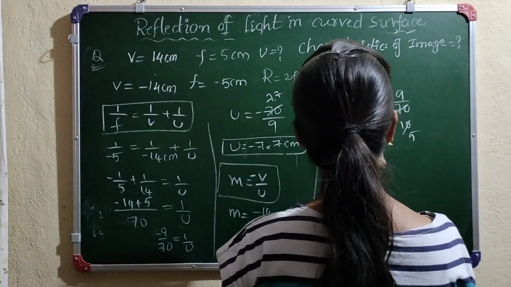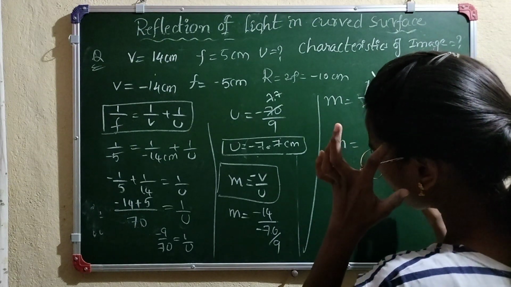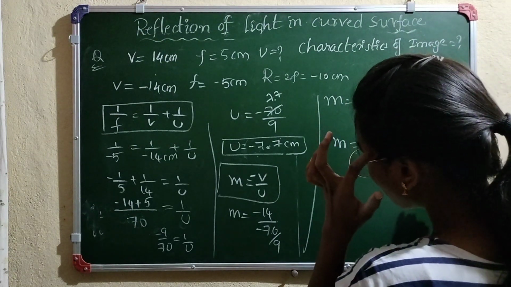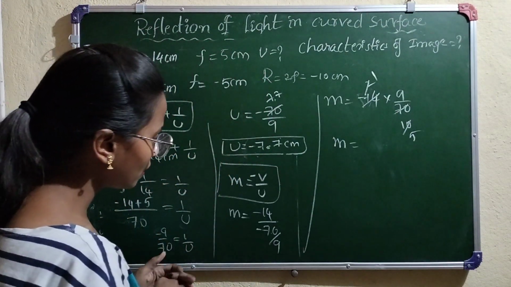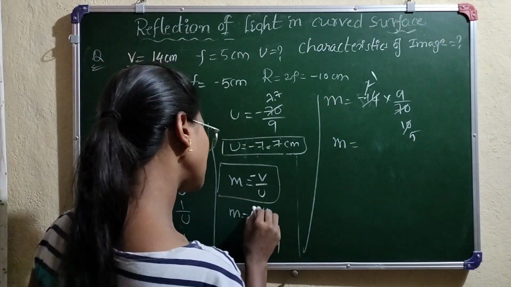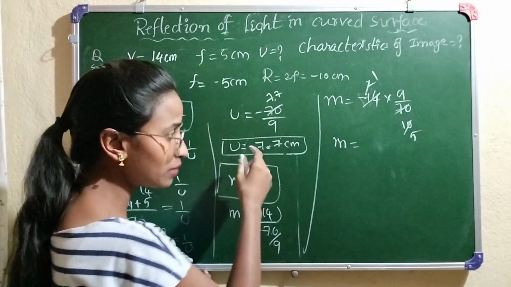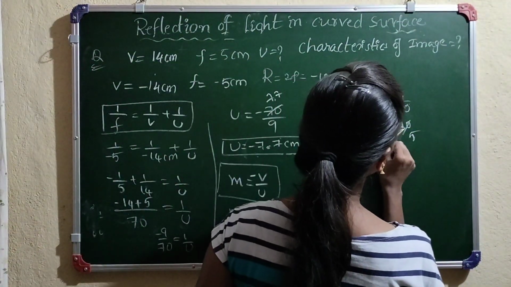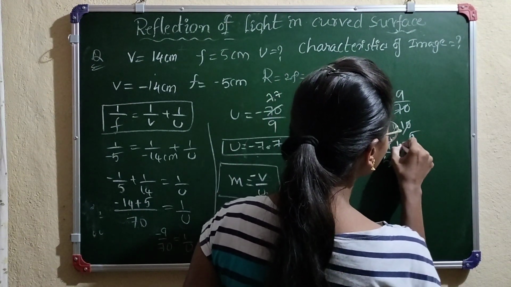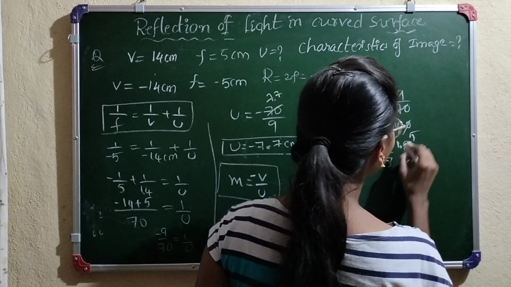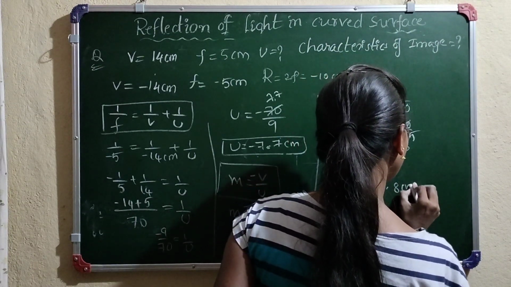Now m is equal to minus, minus will be cancelled. Already minus is there, minus minus will be cancelled, and again minus will be there. So minus 9 by 5 will be left. So 5 ones are 5 and 5 eights are 40, giving 1.8. m is equal to minus 1.8.